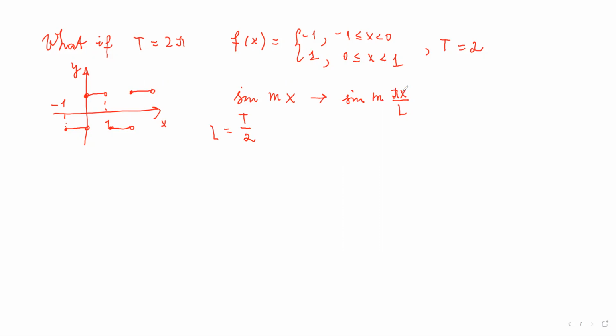Imagine that x here is equal to 1. L, in our case, because my period is 2, is going to be also 1. So we are going to have 1 over 1. So it's going to be again m pi, and that's going to have the same period, from 0 to 2 pi.